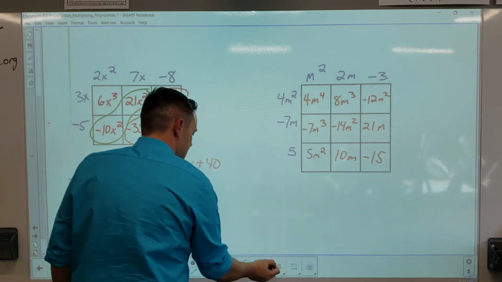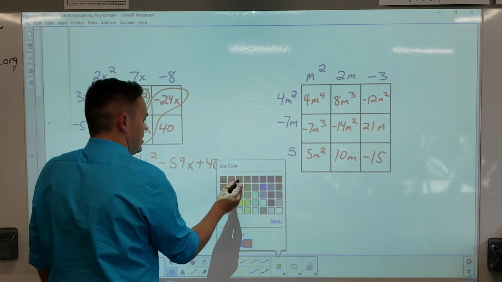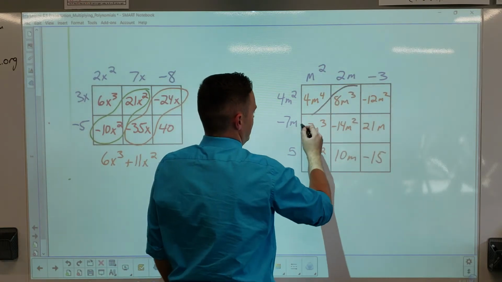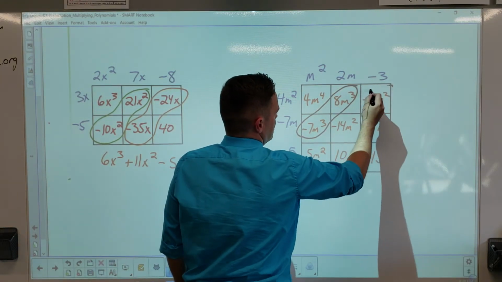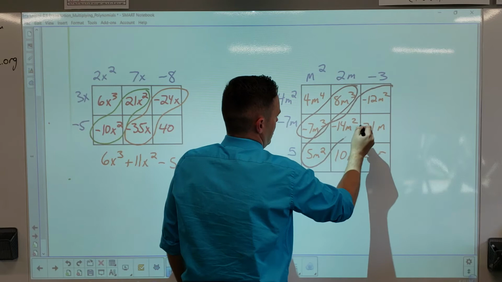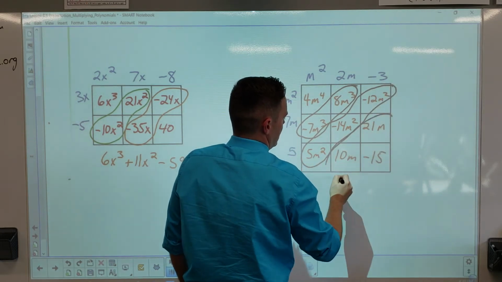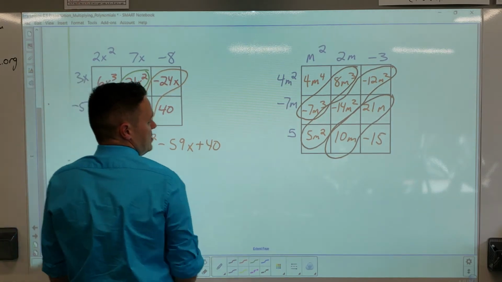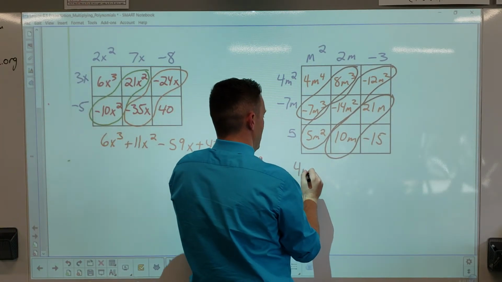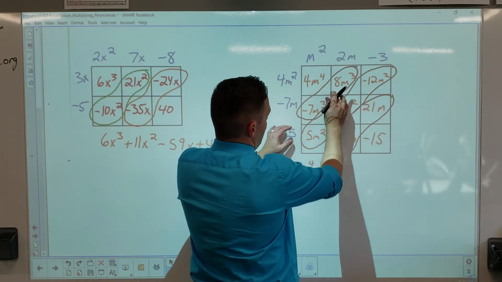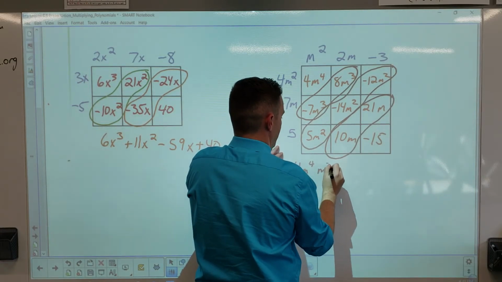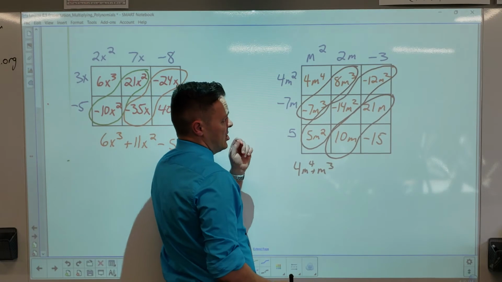All right, same setup. Lastly here, let's go with the dark red. You guys do the little highlight. Know what goes together. Group those. Group those. So if I do that, it's easy for me to do this math. It's 4m to the fourth. And then 8 minus 7 is going to be just 1m. So it's plus m to the third.